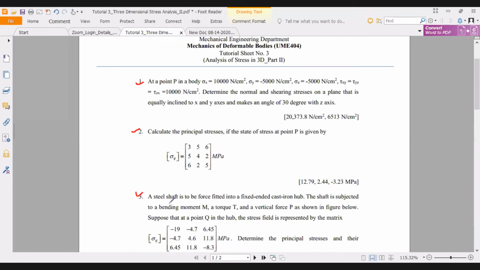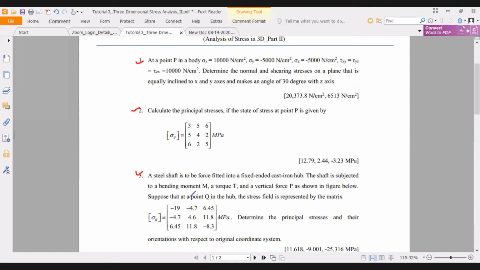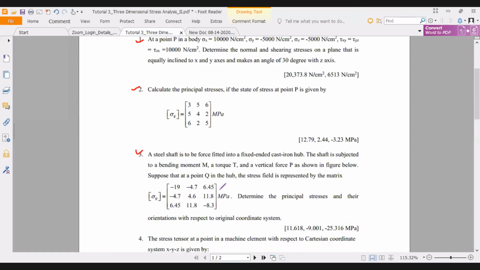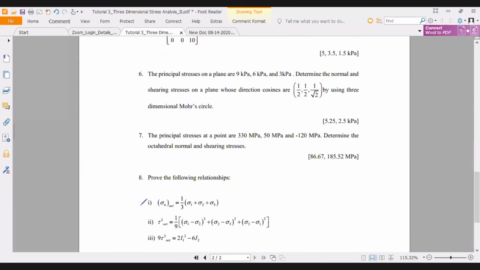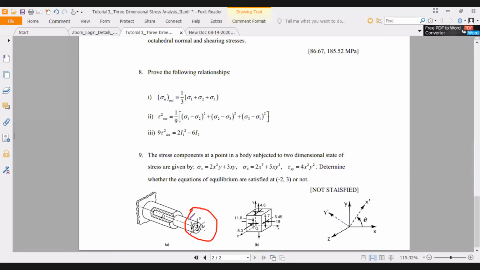Suppose that at a point Q in the hub, the stress field is represented by the matrix. So that calculation is not your part.